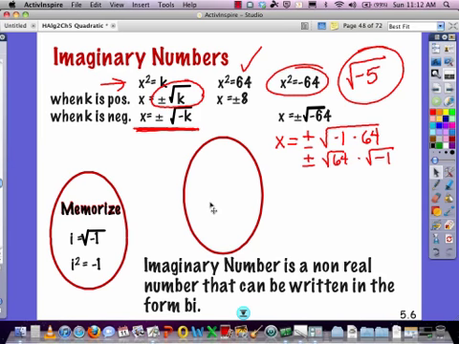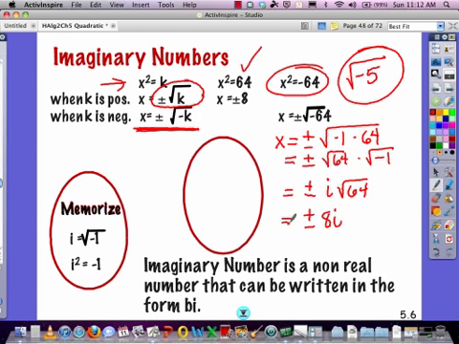So in our statement over here, we could come back and say that our final answer would be plus or minus, the square root of 64 would be 8, the square root of negative 1 would be the i that we just talked about. So we would have i times the square root of 64, but we know the square root of 64 is 8, so when we finish, plus or minus 8i.